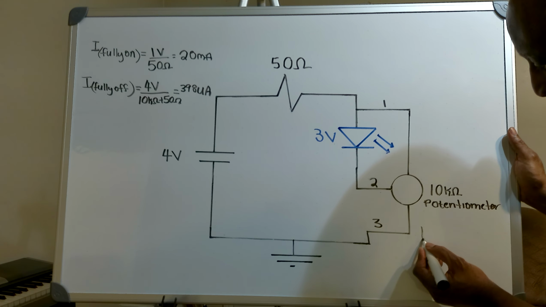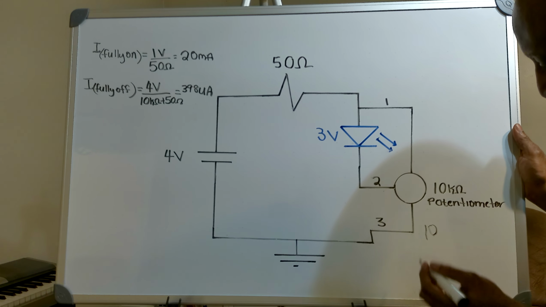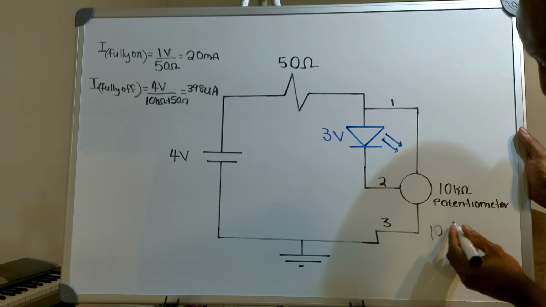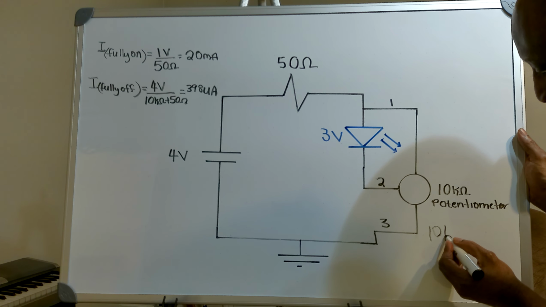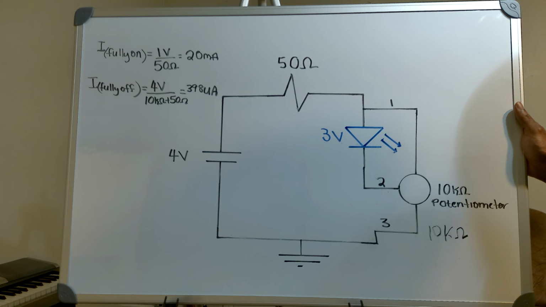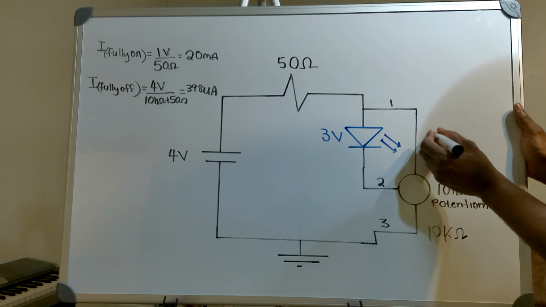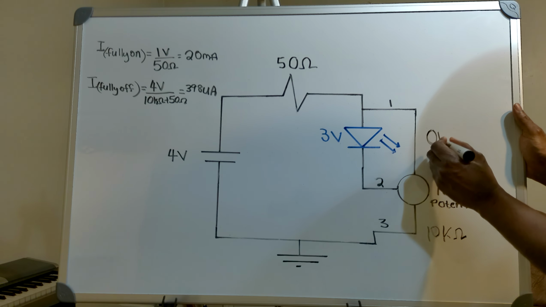Now in the off state, right, in the off state, my 10K ohms is here. And I've got approximately 0 volts here.